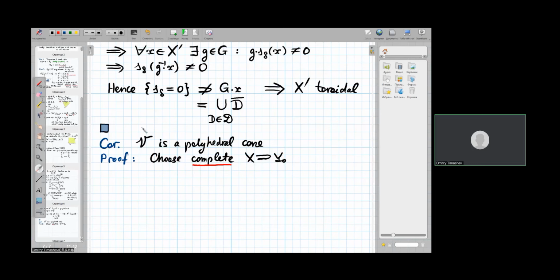Now, using the previous theorem, we may even assume that X is toroidal.